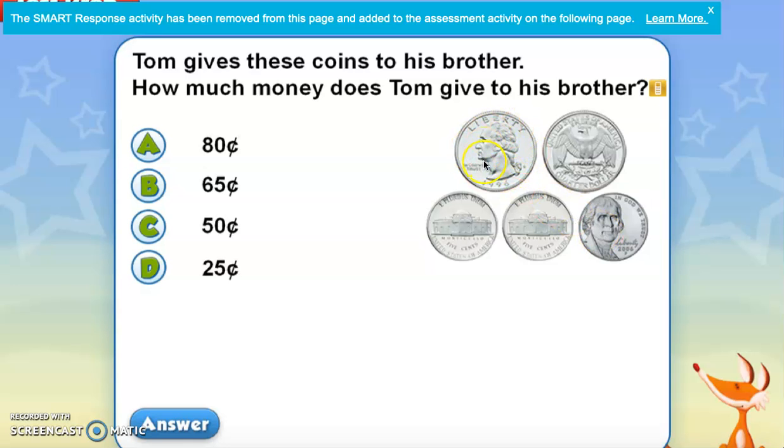So 25, 50, 55, 60, 65. Okay? So our answer in this case would be B, 65. So I'll circle that. Oh, it did let me click on it this time. Oh, I had it. There we go. Good. 65. Awesome.